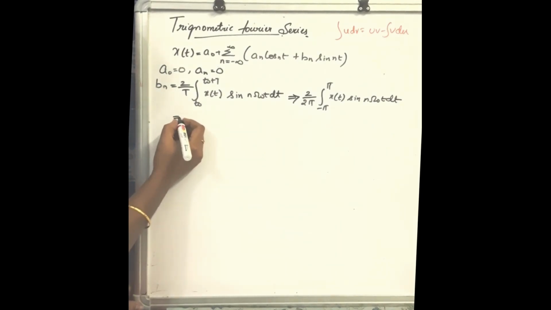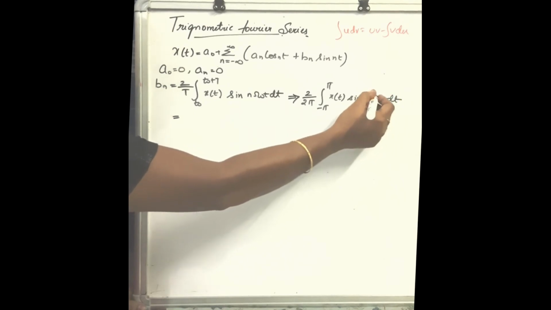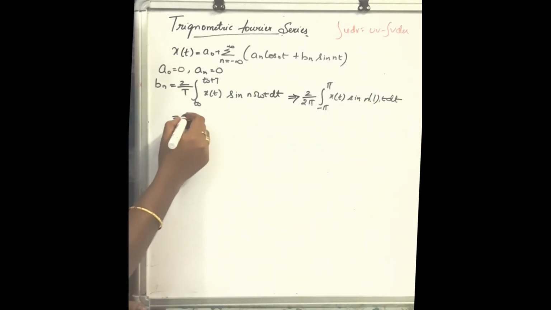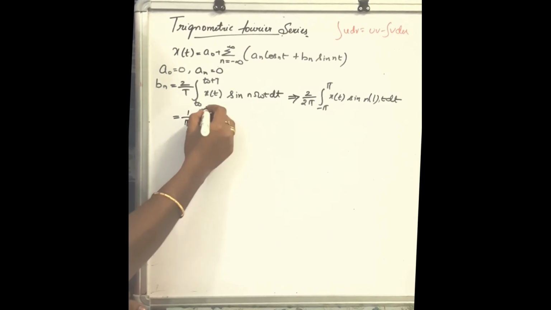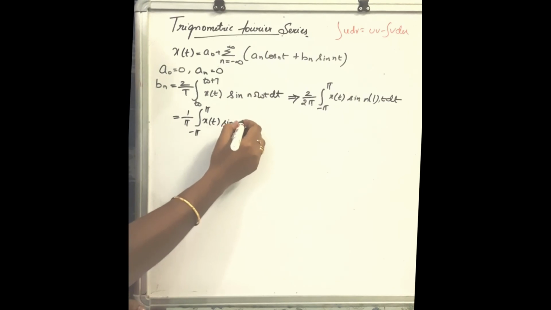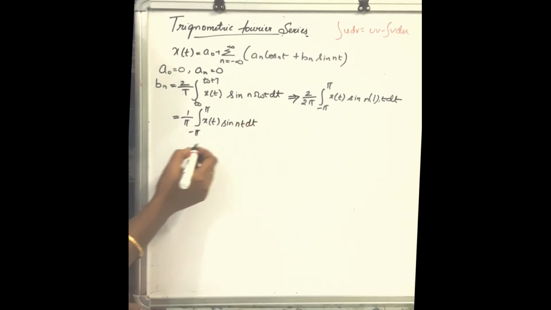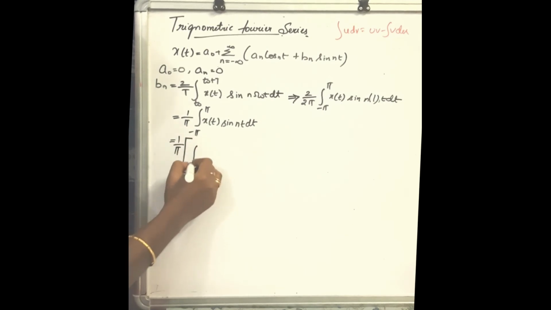Then comes solving again. We know omega naught is 1. So this becomes 1 by pi integral minus pi to pi x of t sin nt dt. Applying the value of x of t for 3 different intervals, 1 by pi is common here.